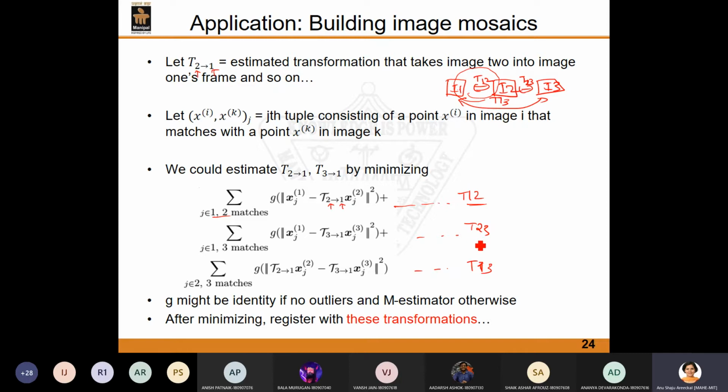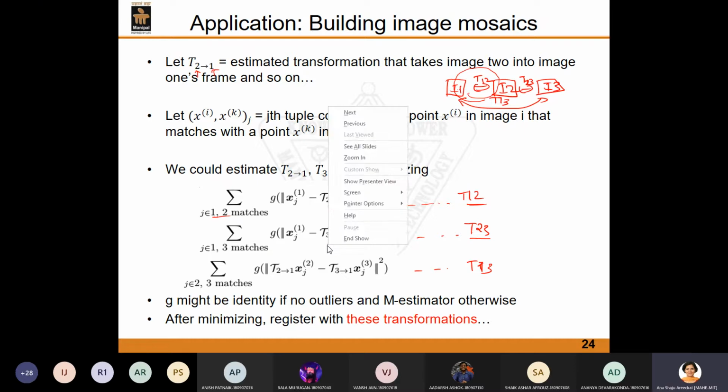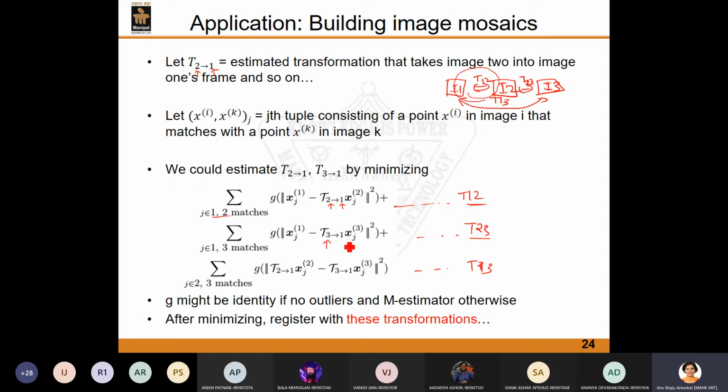Similarly, I can do it for I2 and I3. That is, I can find the corresponding minimization term for the T23 transformation, between I2 and I3. To find it for T23, if I look at this equation, T31 means I'm transforming the points which are present in image I3 and mapping them to the points which are present in I1.